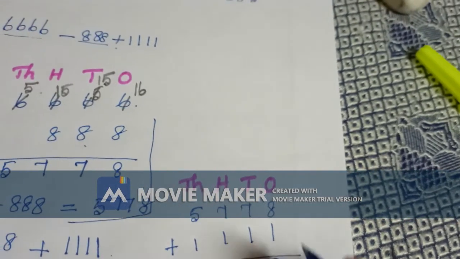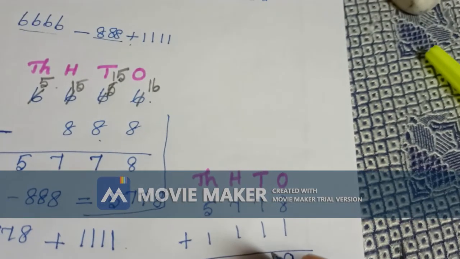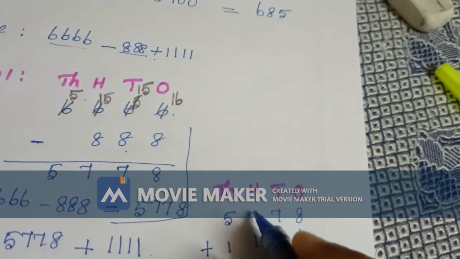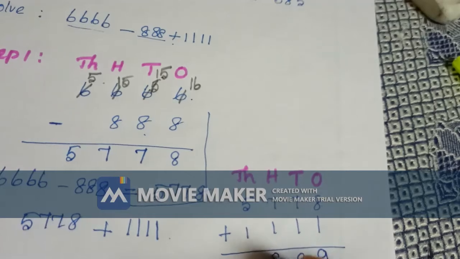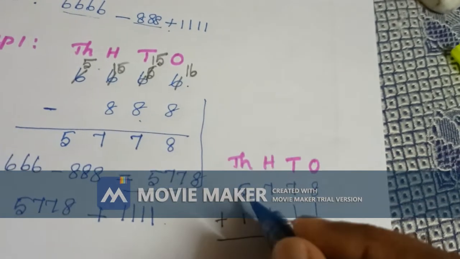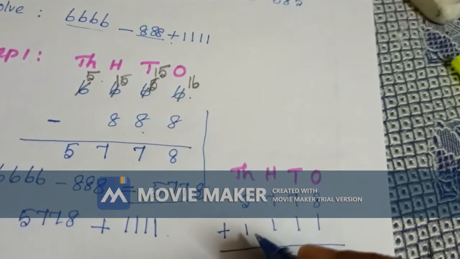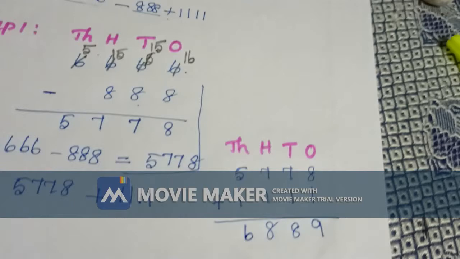So write 9 in the ones place, and 7 plus 1 gives us 8. So write 8 in the tens place, and again 7 plus 1 gives us 8. So write 8 in the hundreds place, and at last the thousands place values are 5 plus 1, which gives us 6. So write 6 in the thousands place.